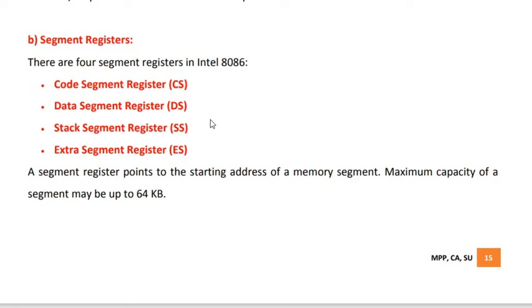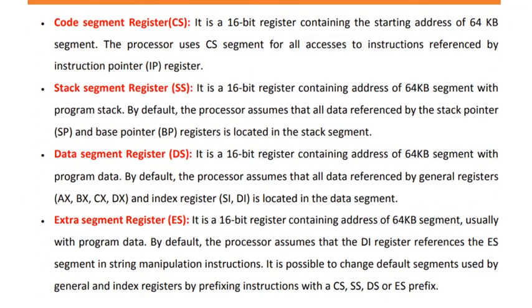So there are 4 segment registers: code segment register, data segment register, stack segment register, and extra segment register that are capable of holding the base address of the logical segments. Now let us try to understand these segment registers in greater detail. The code segment register is a 16-bit register that stores the starting address of the code segment.